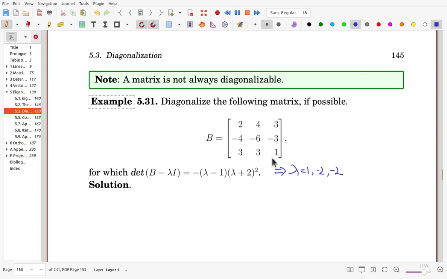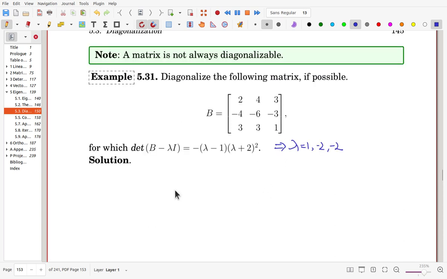This matrix is a simple perturbation of the matrix in the last example. Now, when lambda is 1, you can find one eigenvector. Now, let's check if there are two eigenvectors for lambda equal to -2.